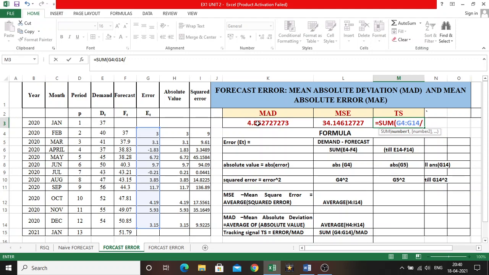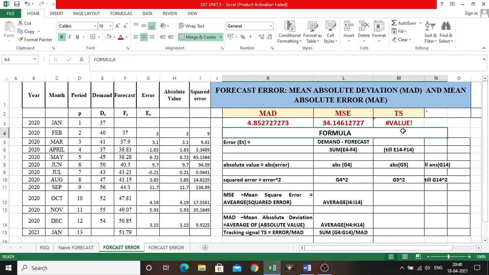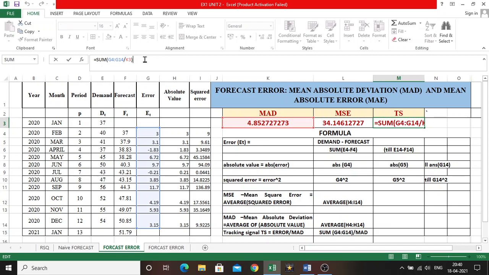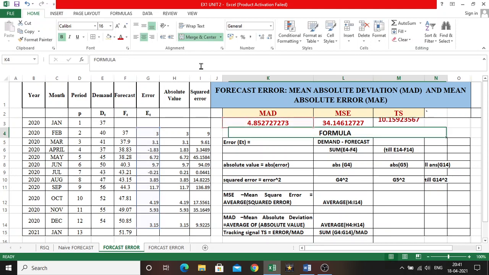So the mean absolute deviation is in K3 cell. So click that, then press enter, close the bracket, press enter. We got TS value, it is 10.159.